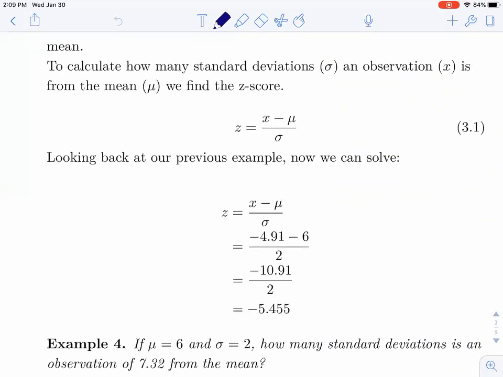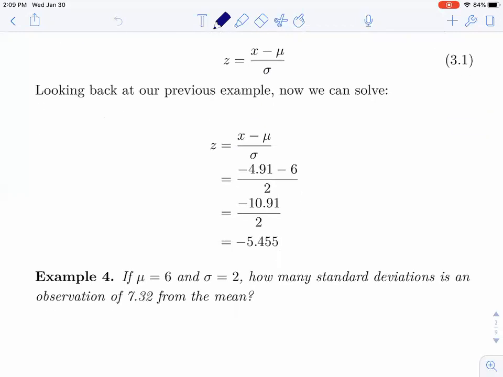And then we ended here-ish. And we said, well, then we can calculate the Z-score for an observation of -4.91, for example. How far is -4.91 from 6 if the standard deviation is worth 2? And we said it's 5.455 standard deviations below the mean. Right?